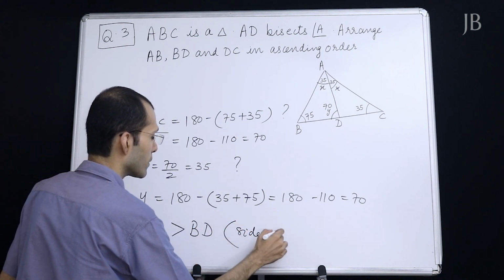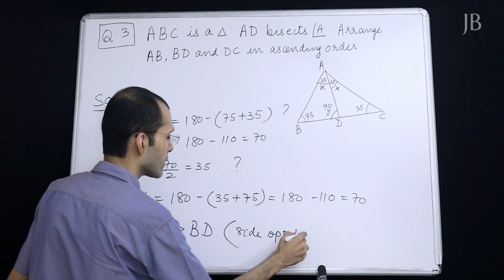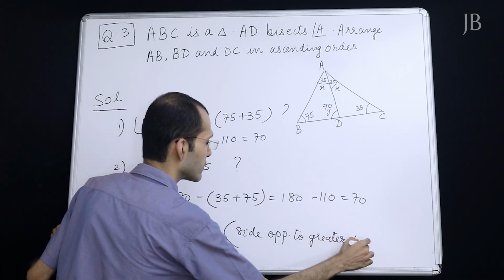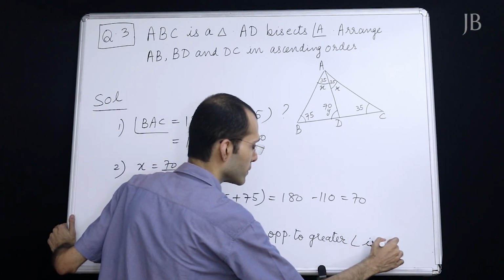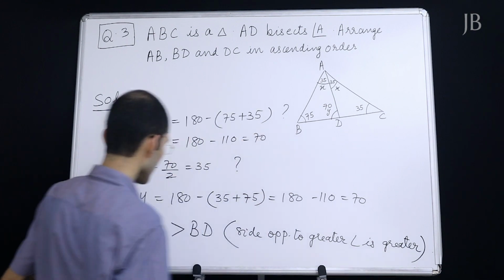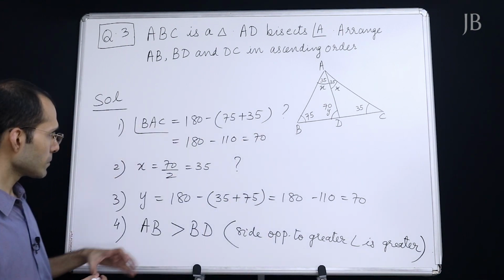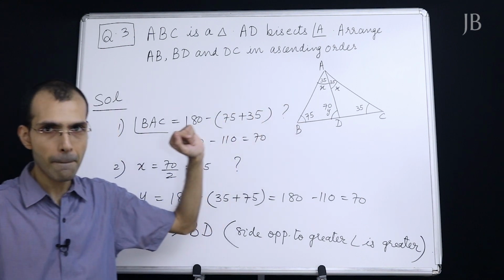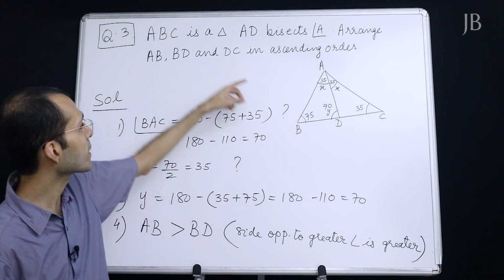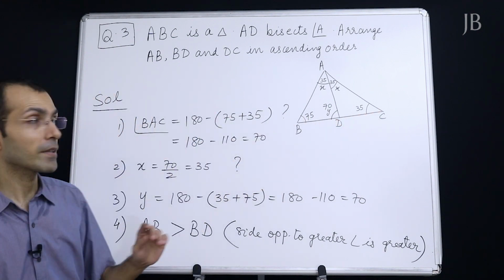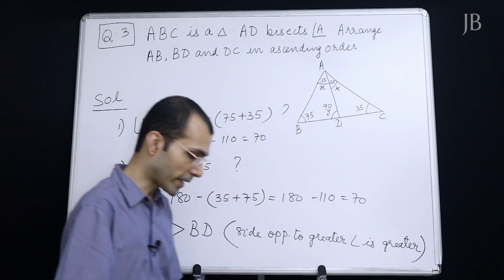So side opposite to greater angle is greater. And this is done. So now AB and BD have been done. But wait, there is one more remaining, DC. But DC is coming in the other triangle.